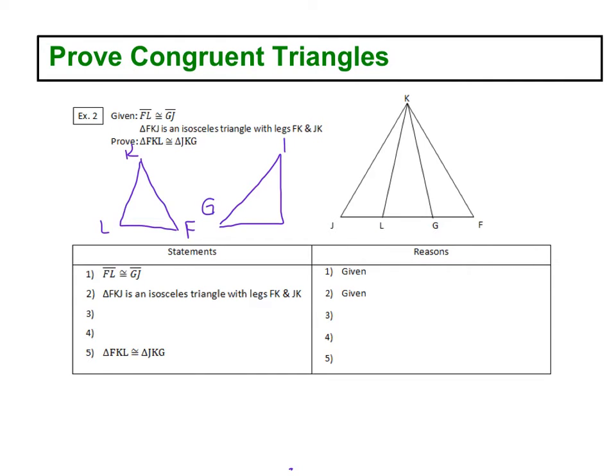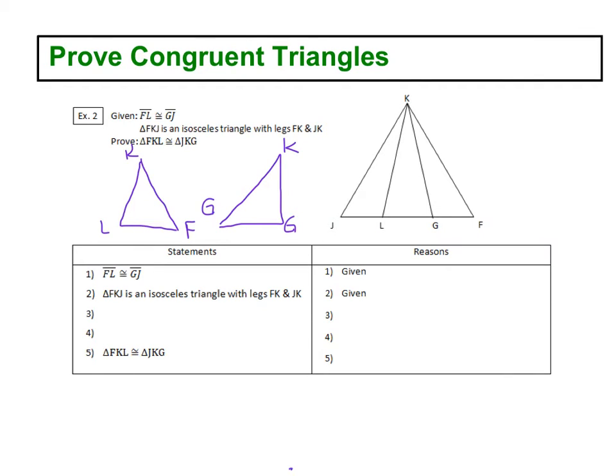It's not the best picture, but we want to prove those two triangles are congruent, which means we'll be looking to find 3 corresponding parts congruent to 3 corresponding parts over there. So maybe it'll be side, side, side, or angle, side, angle, or one of those.